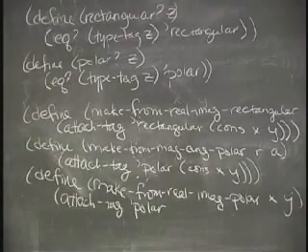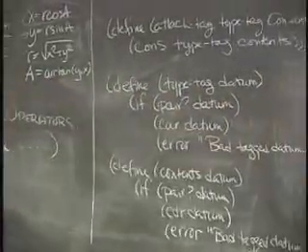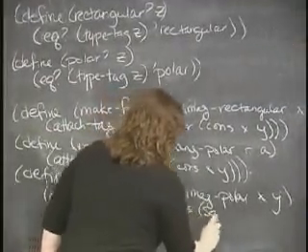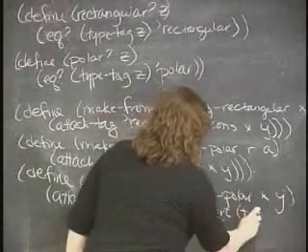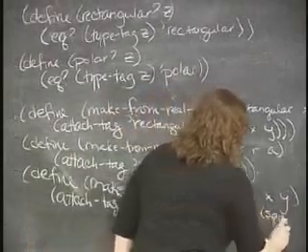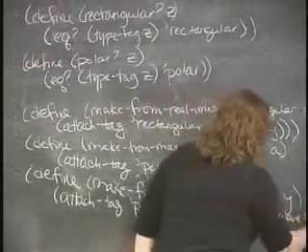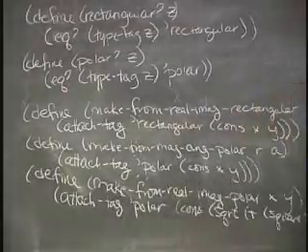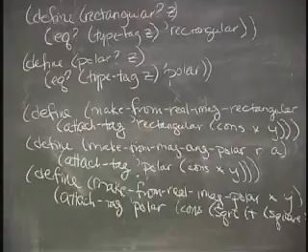So r is going to be the square root of x squared plus y squared. So we're going to cons the square root of adding the square of x to the square of y.